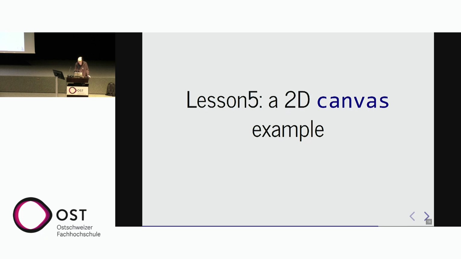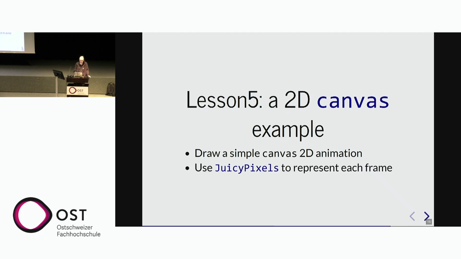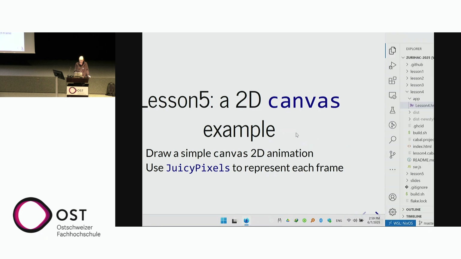And now we are coming to the one last demonstration here. It is a two-dimensional canvas example. What it does is draw a simple 3-body animation on a high-definition canvas, and it uses the Haskell JuicyPixels library, which is used by a lot of projects like Pandoc, to represent each frame.